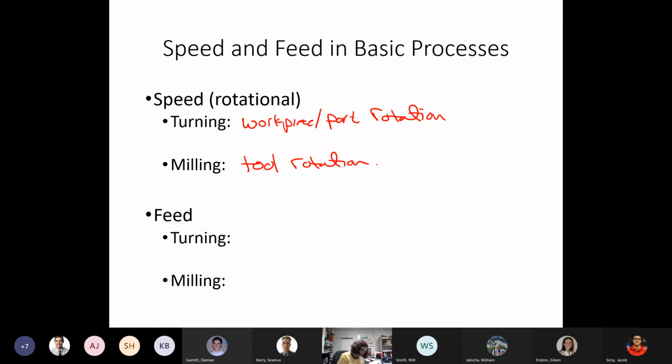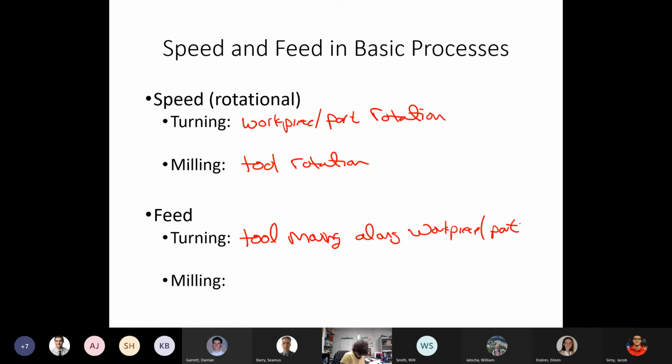Feed, on the other hand, in turning, is the tool moving along the workpiece part. And this is generally going to be in feet per minute, where speed is likely to be rotational.